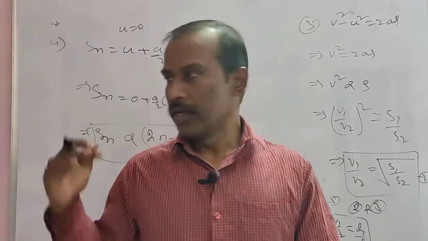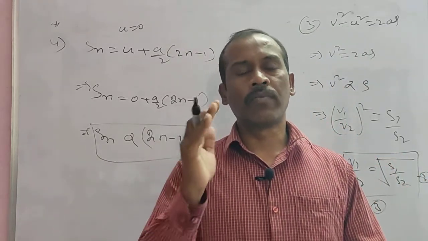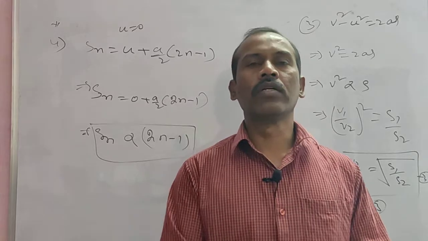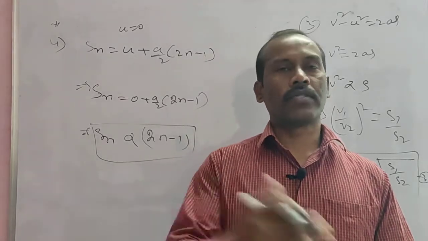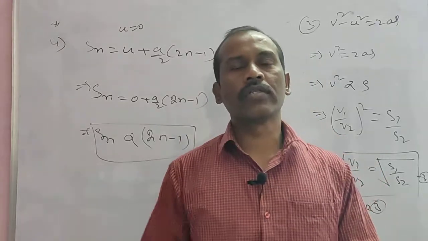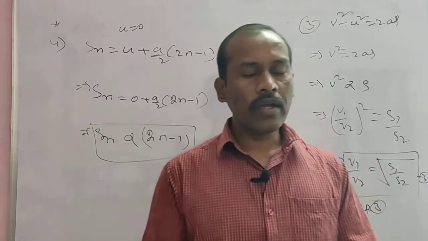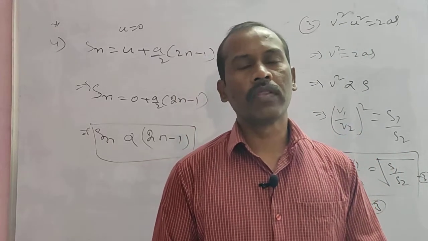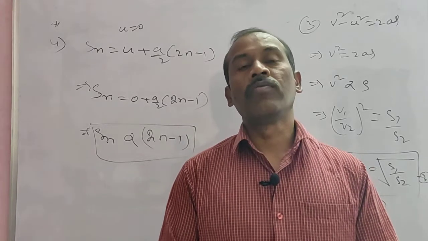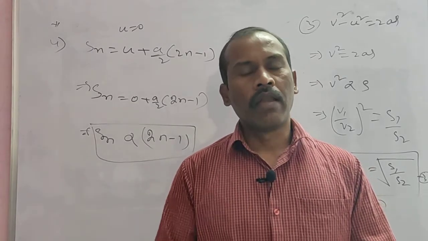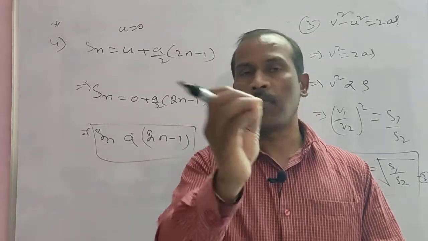Now in this case, the particle starts from rest, moving with uniform acceleration or constant acceleration along a straight line, and these are the 4 equations. Next, the particle moving with uniform velocity along a straight line, then the acceleration of the particle is 0.